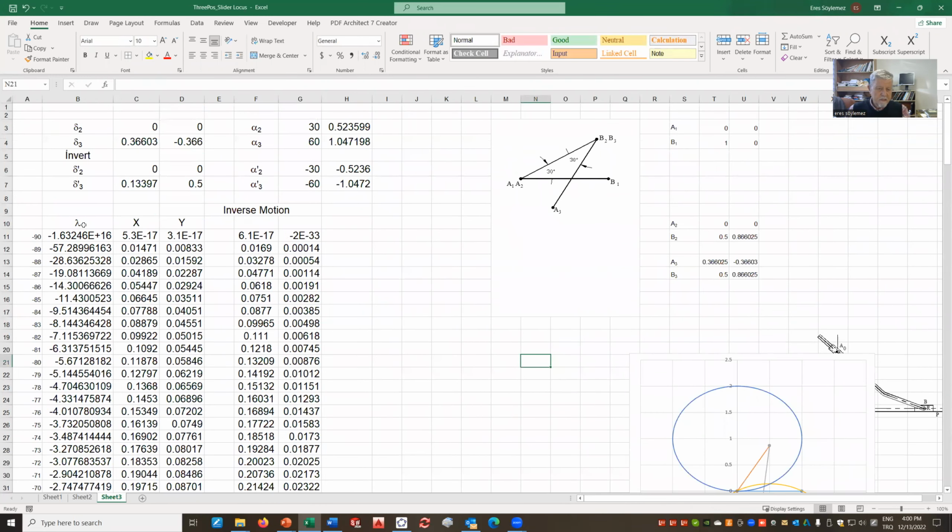What I can do is, I can take these two cells like this, Control C, or B1. Control V.